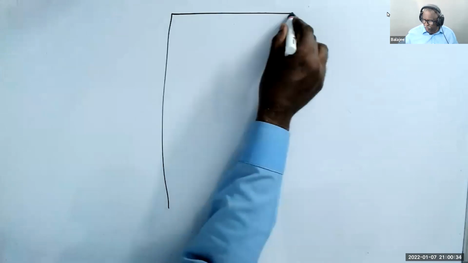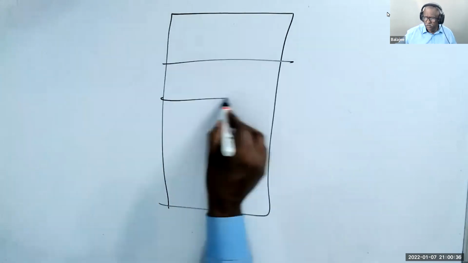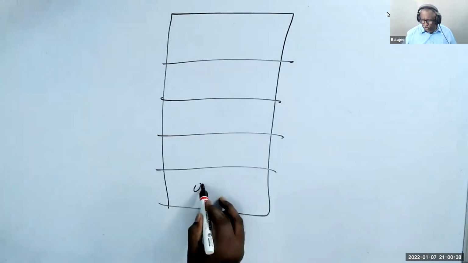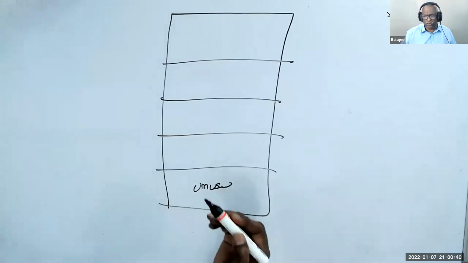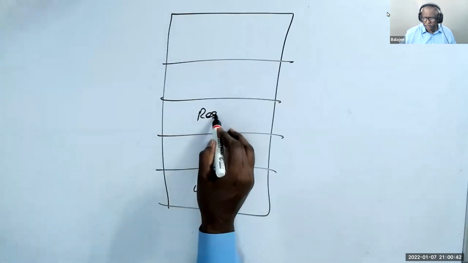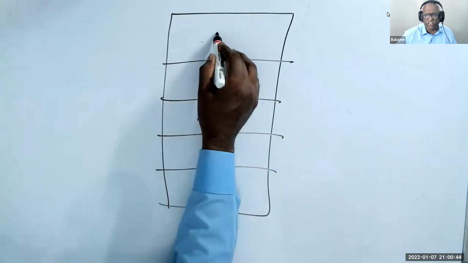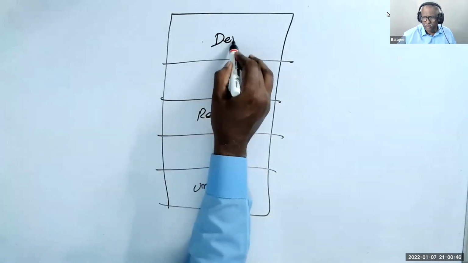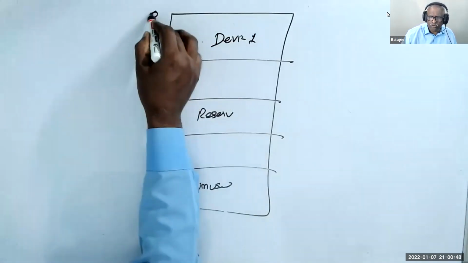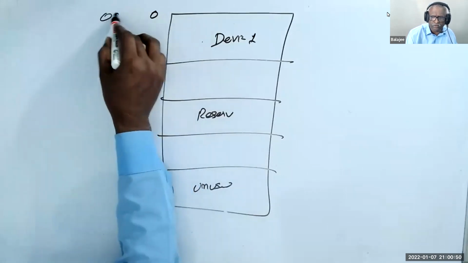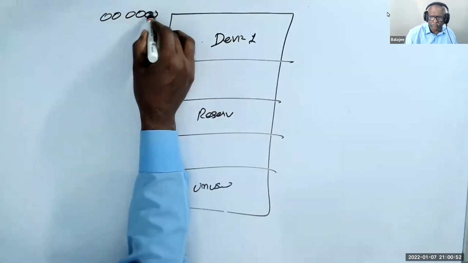In a memory, I have so many components, and sometimes some may be unused or reserved for other purposes. And this component is called device 1.